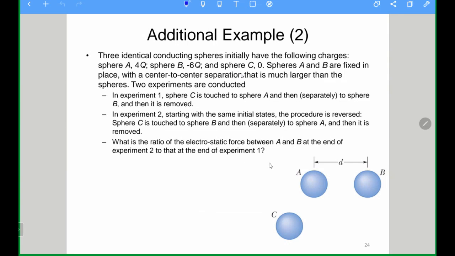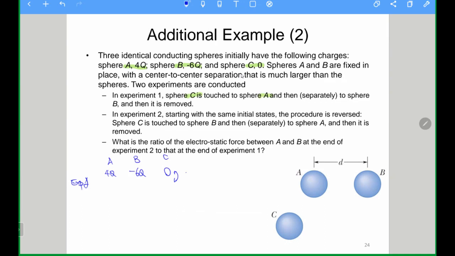So let's check it one by one. At the very beginning, A has the charge of 4Q, B has the charge of negative 6Q, and C has the charge 0. For experiment 1, the first step is to touch C and A first.